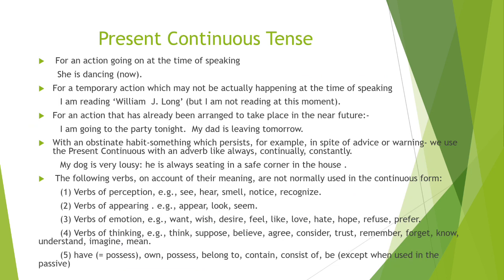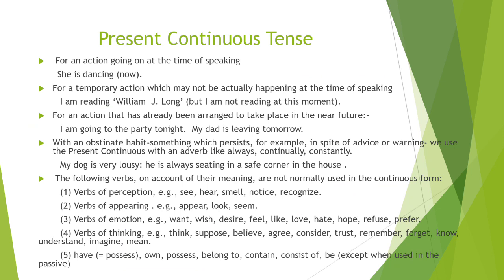Suppose my dog is sitting in a corner, I'll say he's always like this, lazy, always in a safe corner in the house. She's always biting her nails. These are habits which people usually complain about. So with these habits, definitely use present continuous tense.